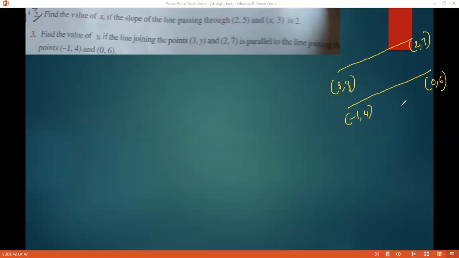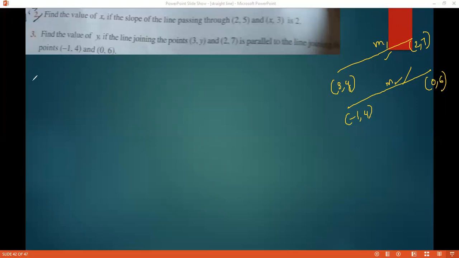When two lines are parallel, their slopes are equal. If m1 and m2 are equal, then the two lines are parallel. By using that concept, we have to solve this.